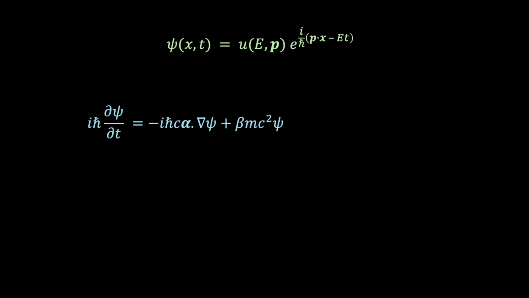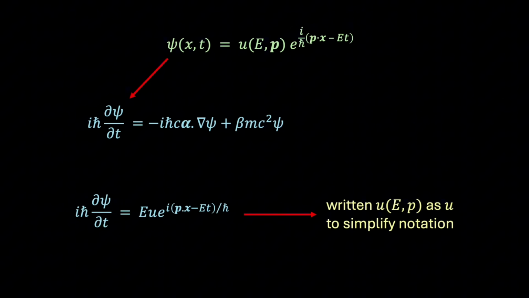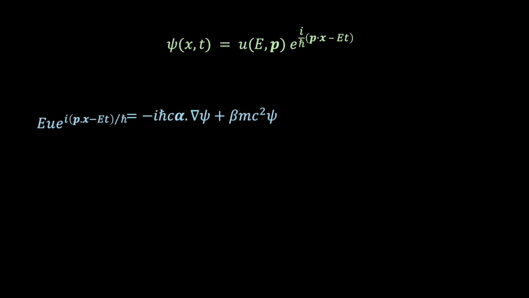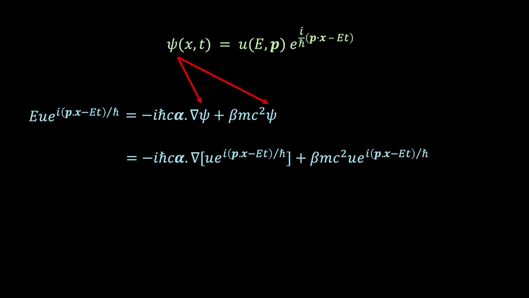Okay, so let's take this proposed plane wave solution, and let's begin by subbing it into the left-hand side of the Dirac equation. If we do this, we find the following result, where we've pulled out a factor of E from the exponential, and we also note that we've written the spinor as u to simplify the notation and keep our expression as streamlined as possible. Next, we sub the plane wave function into the right-hand side, and we find the following expression.